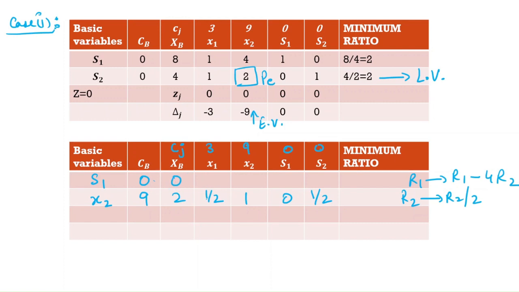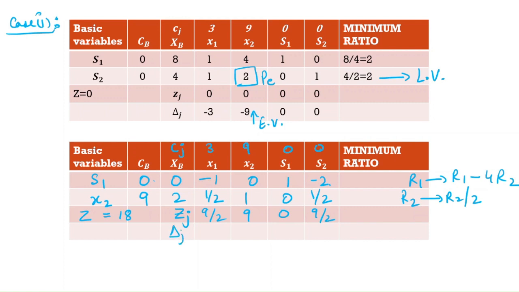This is 1 minus 4 by 2, so that's minus 1. This becomes 0. This is 1 again, and 0 minus 4 by 2 is minus 2. So calculating, z is coming out to be 18. Zj is 9 by 2, 9, 0, 9 by 2.